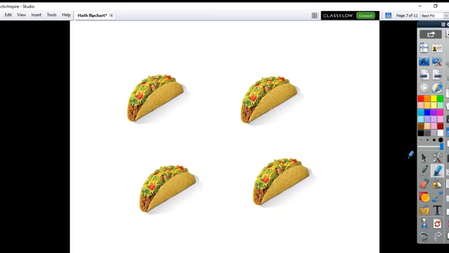And some of you may be thinking, well, Miss Thompson, they all look the same. And it does kind of look the same, but it's different in how you see it in your mind. Did you see 4, just 4, and then no other parts? So 0, 4, and 0. Did you see 1 and then 3? Or did you see 2 and 2, or 3 and 1? It's how you saw the parts of 4 that we're delving into today.